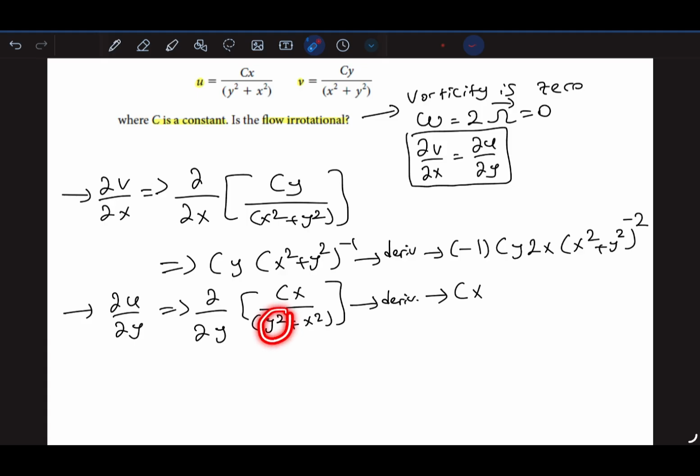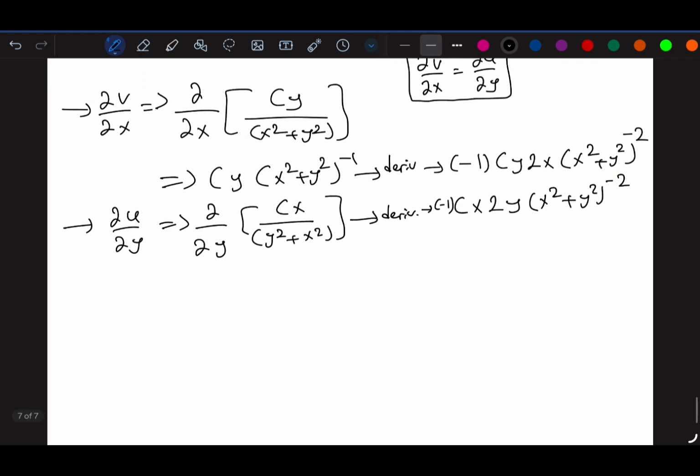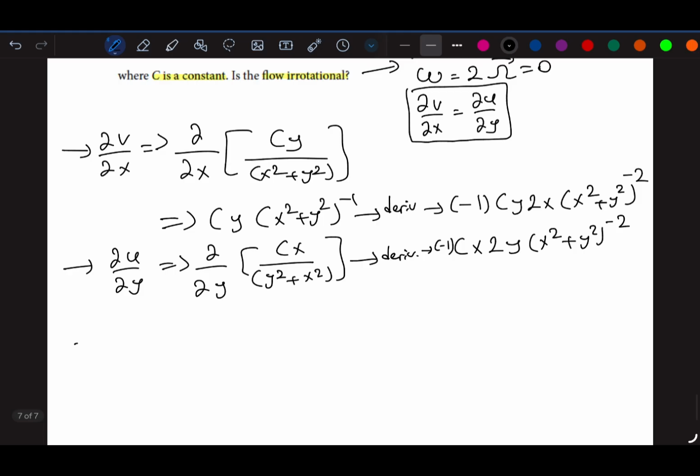The only y is here, so we will have 2y, and also we will have minus 1 here times this term's derivative, which is x squared plus y squared to the power of minus 2.